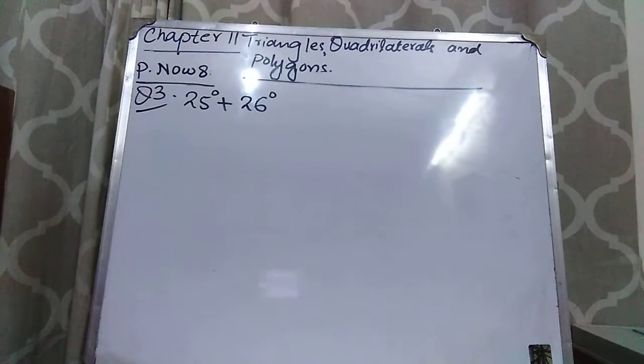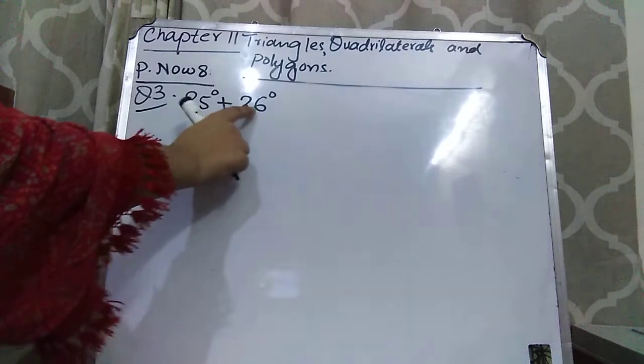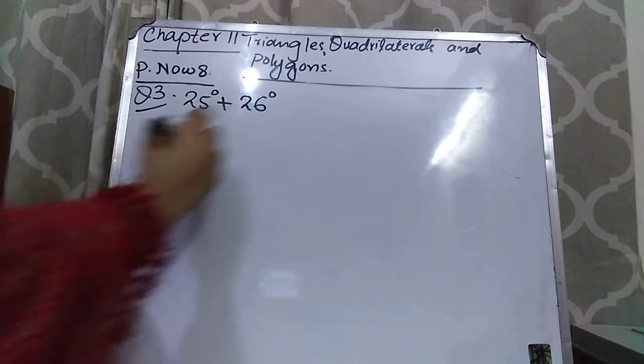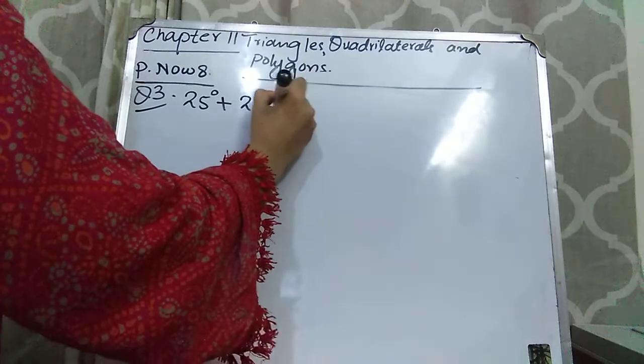They are saying that two of the exterior angles of an n-sided polygon are 25 and 26. Three of its interior angles are 161 degree each. It means that there are three other interior angles and they are 161 degree each, so you will multiply 3 with that.